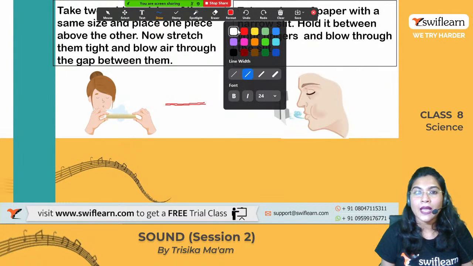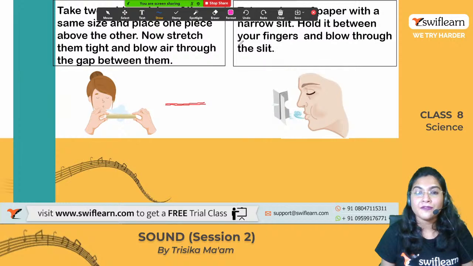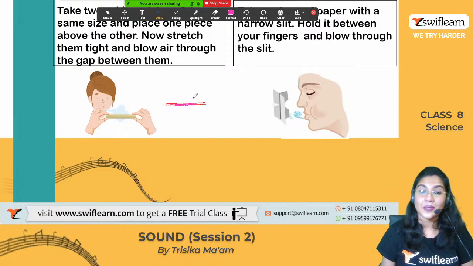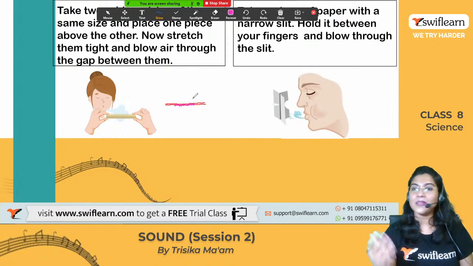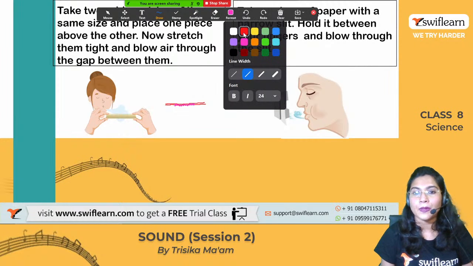You will find that there will be certain vibration in between the two stretched rubbers, and this vibration will produce some sound. The same thing you can do with paper.